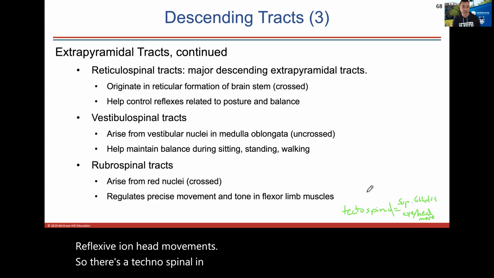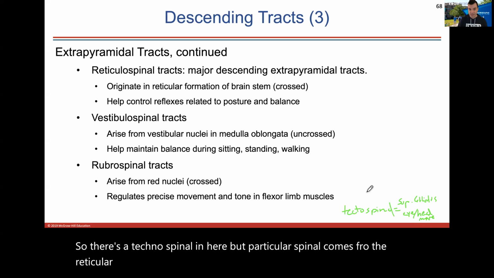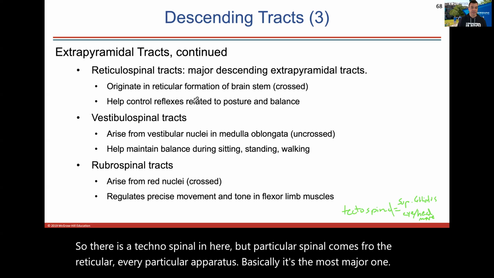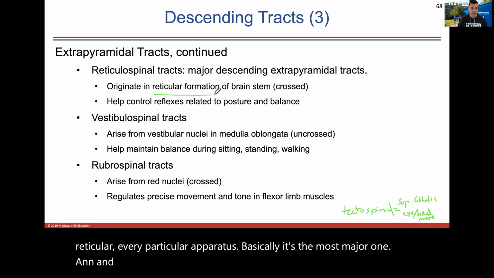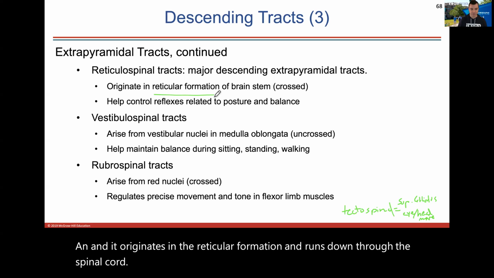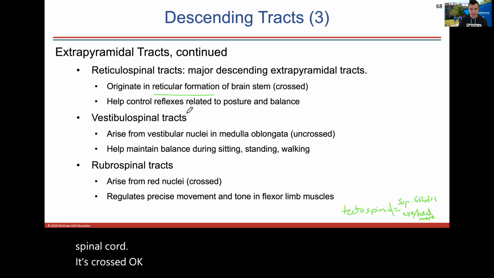But reticulospinal comes from the reticular apparatus, basically. It's the most major one. It originates in the reticular formation and runs down through the spinal cord. It's crossed, okay? It's involved with posture and balance.